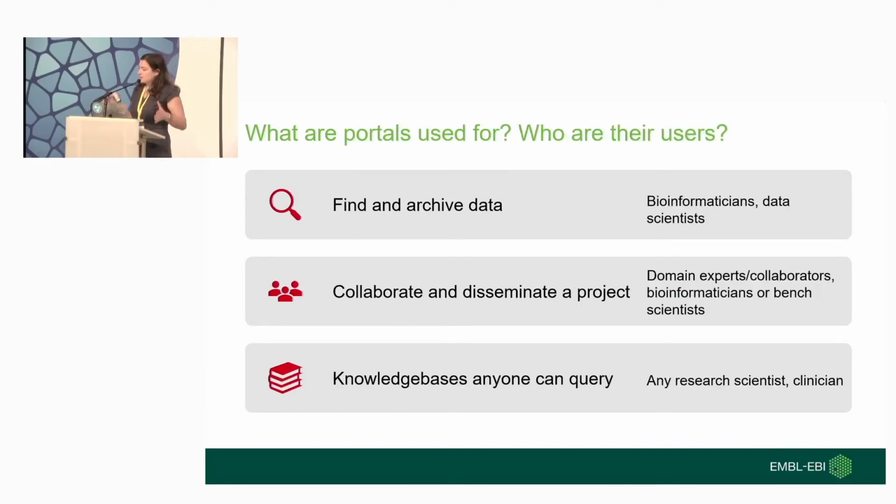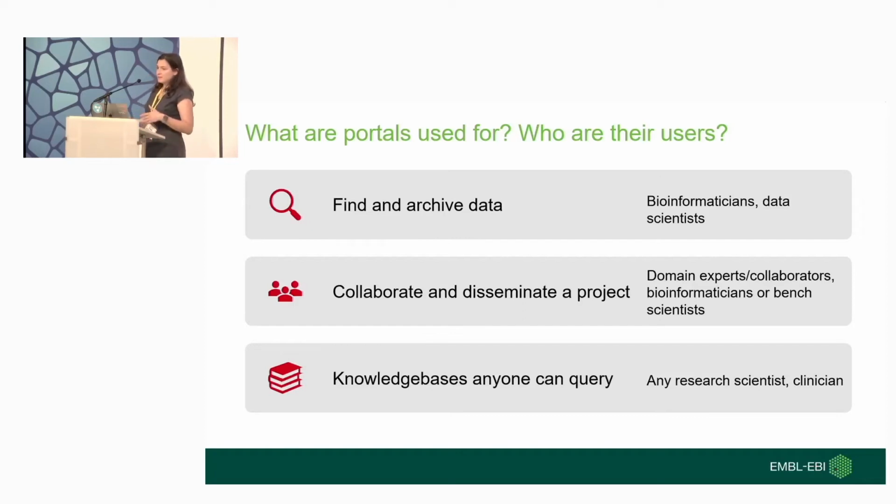Knowing these three general categories of portals, who are their users? For the first category, find and archive data, they're really aimed at bioinformaticians and data scientists who want to download the raw data.